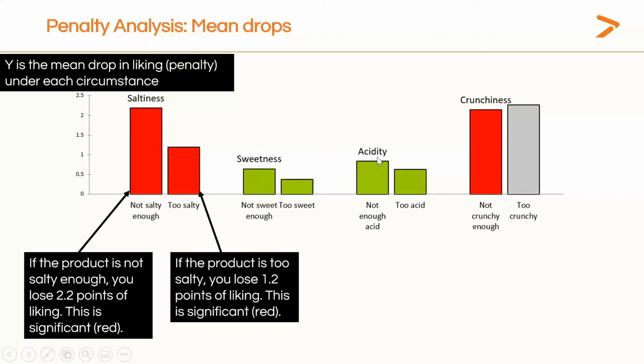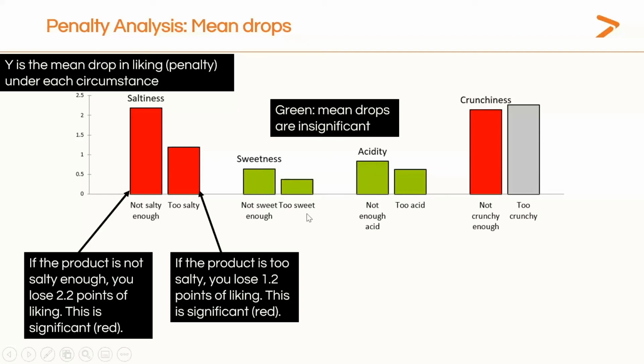Then for those two attributes, which are colored in green, this simply means that mean drops are insignificant. So if the product is not sweet enough, you have a drop of 0.9 or 0.8 liking score, but this is insignificant. So these attributes are less important than saltiness or than crunchiness.